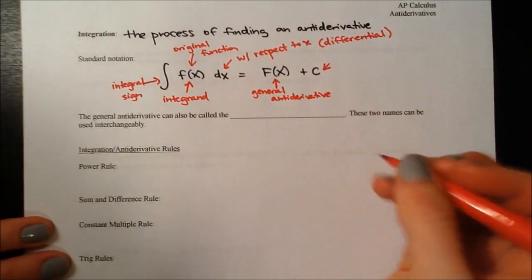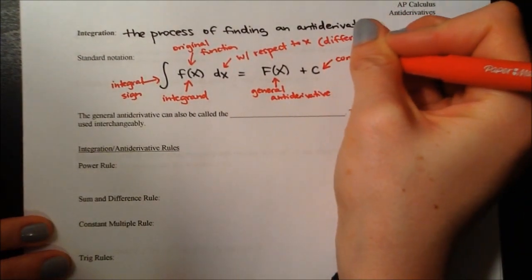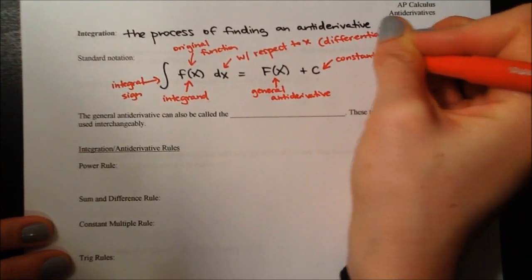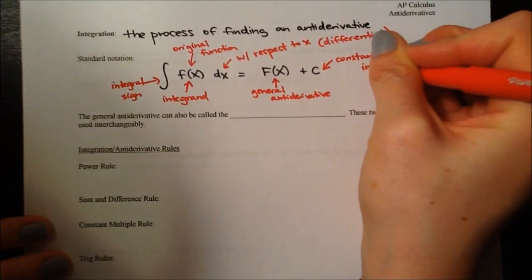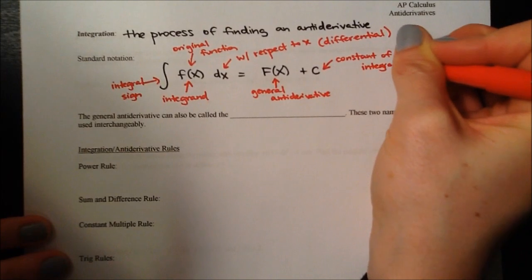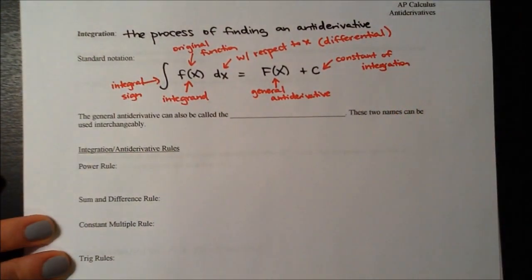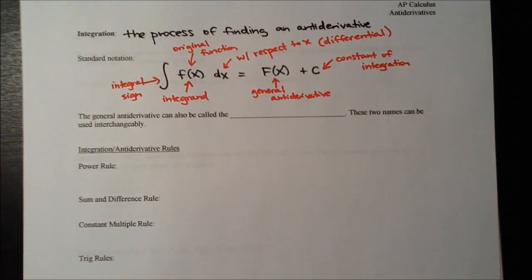And finally, we call this piece right here the constant of integration. So lots of little pieces. So anytime I talk about the integral sign, the integrand, the differential, the antiderivative, the constant of integration, hopefully this will help you to figure out exactly what I'm talking about.